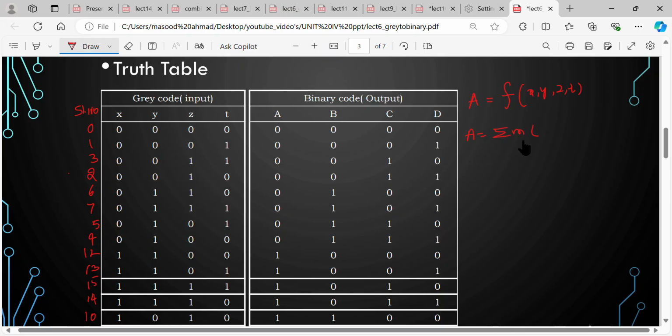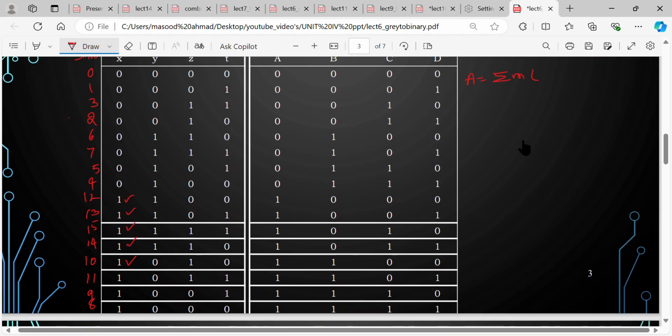It is 1 for 12, 13, 15, 14, then 10, 11, 9 and 8. If I write in order, it is a function of 8, 9, 10, 11, 12, 13, 14, 15. These are the min terms.